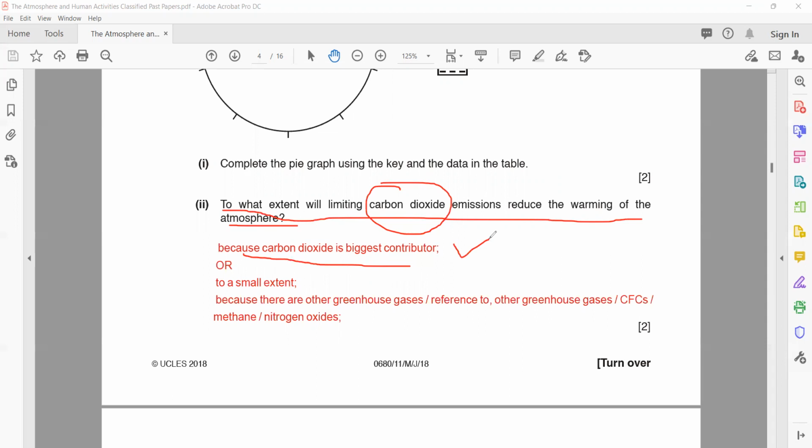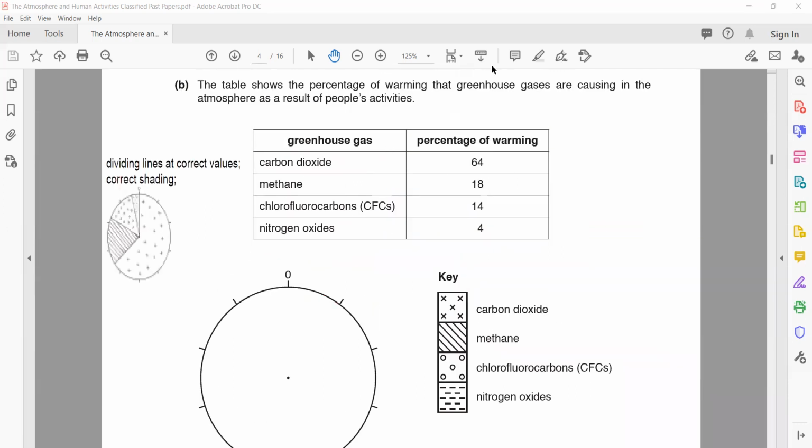But if you see the other way, not only carbon dioxide, there are other greenhouse gases also, like chlorofluorocarbons, nitrogen oxide, methane, all these. Even in this diagram, they have shown others. So from here you can see it is a big contributor.